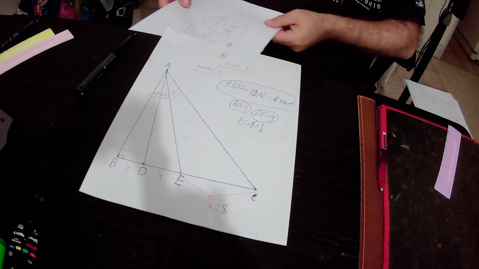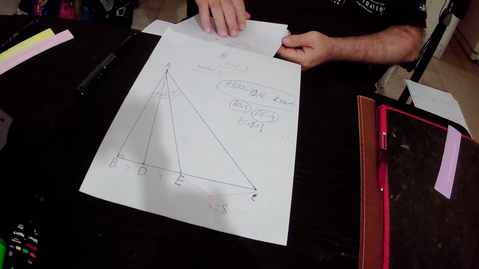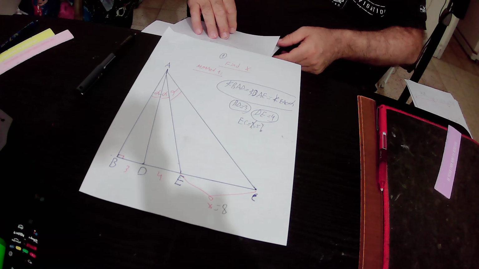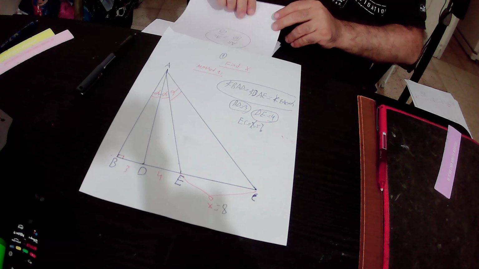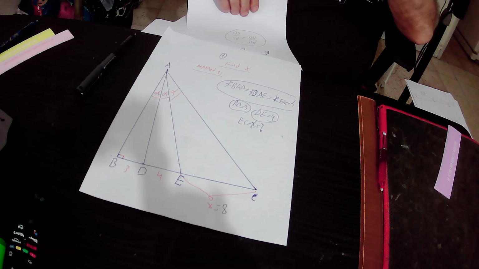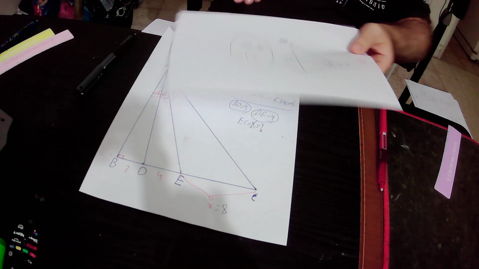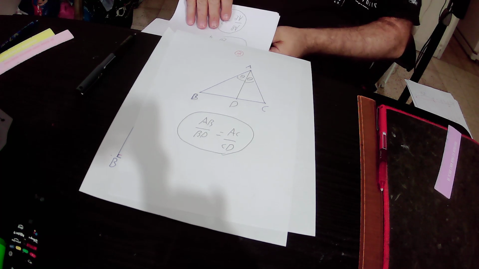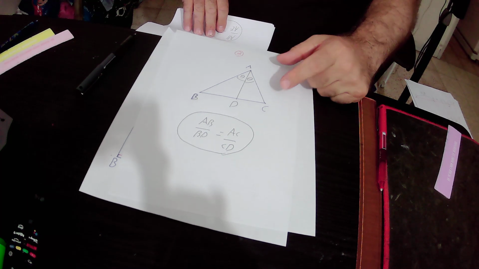So actually in both methods we used a rule that relates to the angle bisector. In this triangle we have triangle ABC.